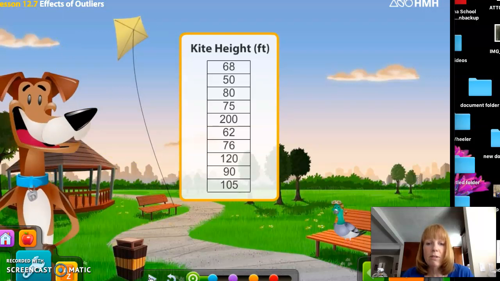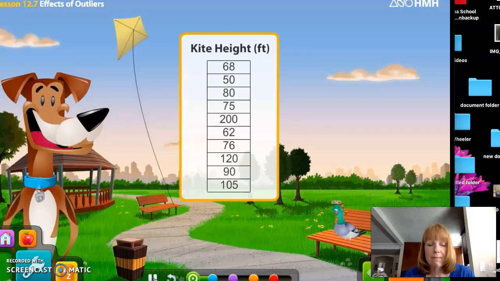Notice that most of the data points are around between 50 and 90 feet in the air, but 100 or 200 feet in the air is a lot higher than the other heights that were flown. So therefore 200 is called an outlier. How do you think this one height might affect the mean of all the heights? We can learn how one value can affect the mean and median of a data set. Let's go.